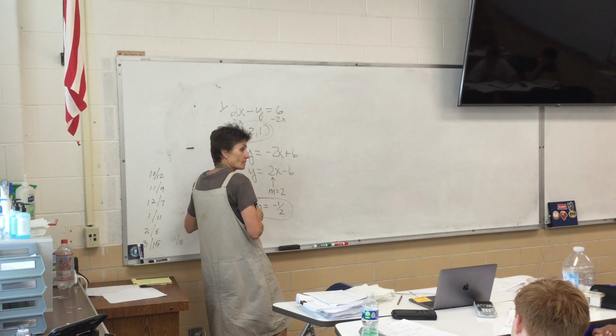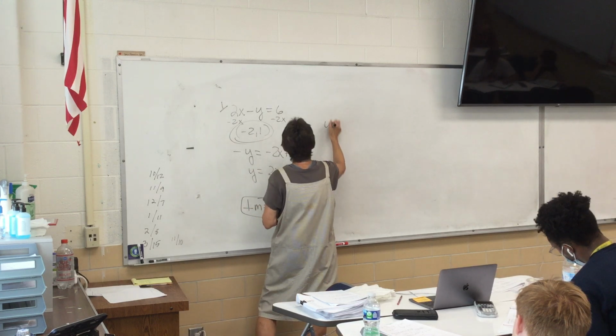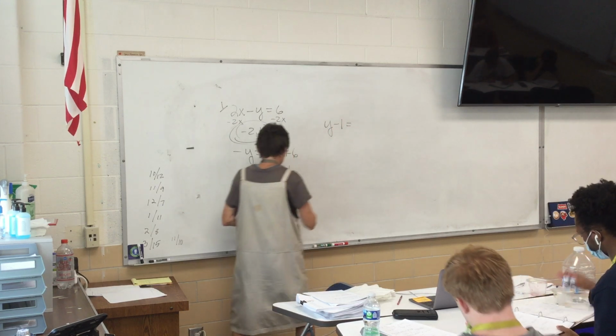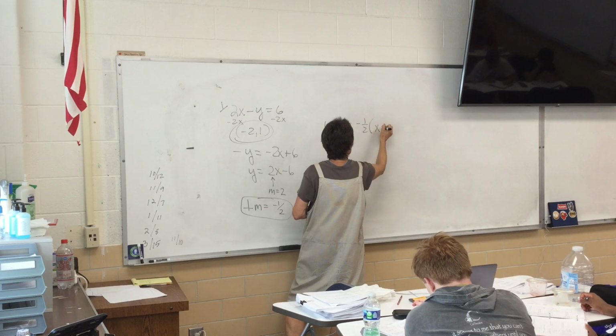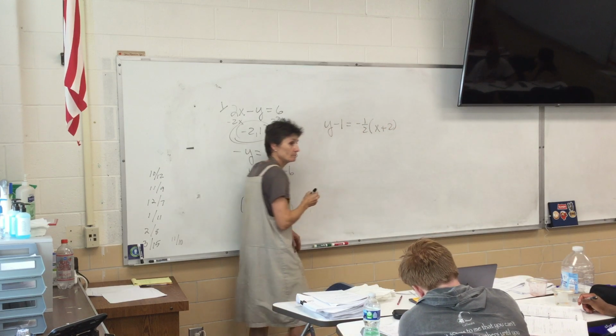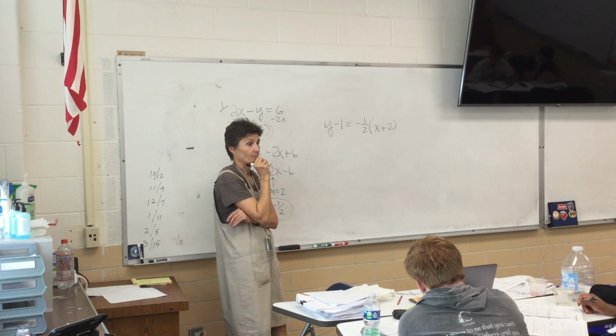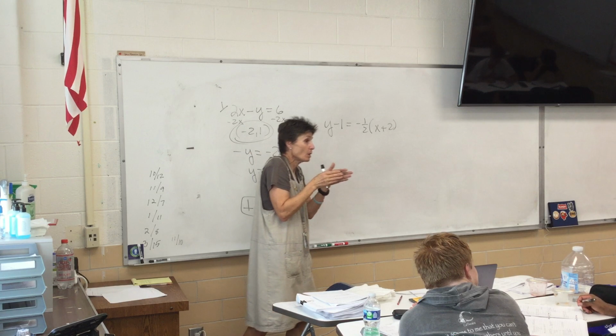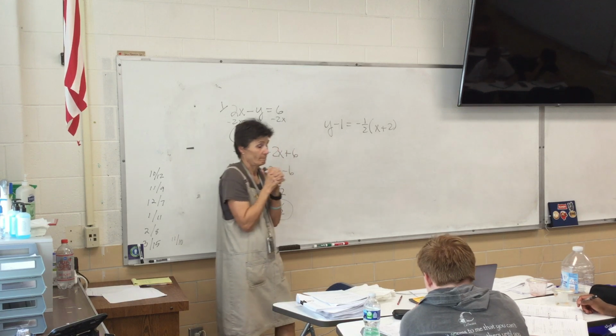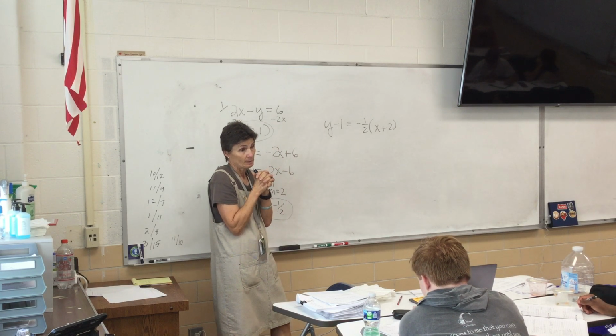All right, so now I'm going to use this slope and this point. So here we go. Y minus 1 equals negative 1/2 times x plus 2. Now wait, if the directions say point slope, just leave it. You're done.